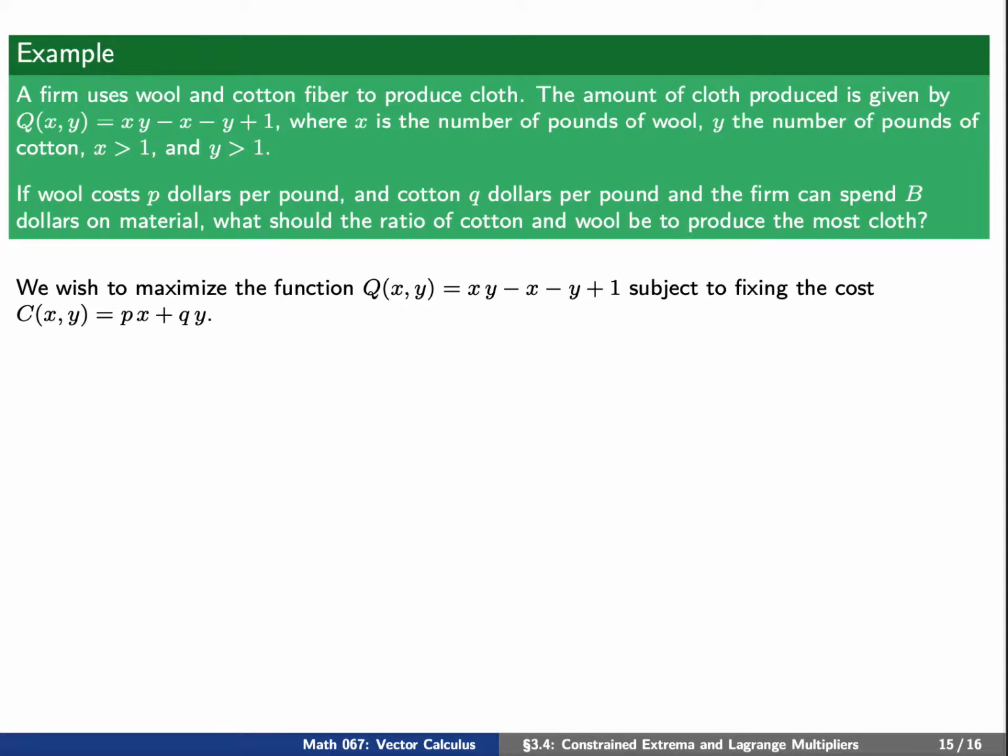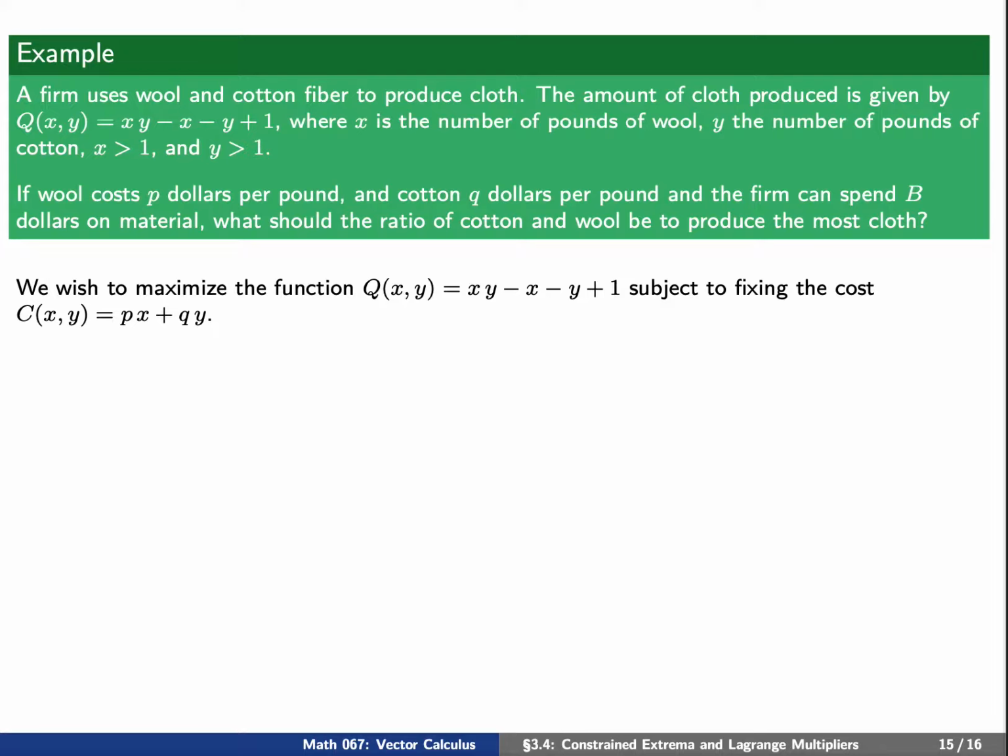We'd like to maximize this. But remember that we have to be careful about the cost. Well, if x is the number of pounds of wool and p is the dollars per pound of wool, y is the number of pounds of cotton, and q is the cost in dollars per pound for cotton, then we see that the total cost should be px plus qy.